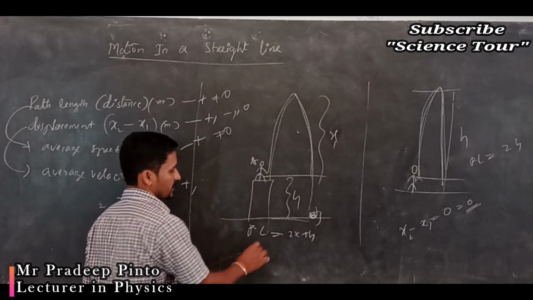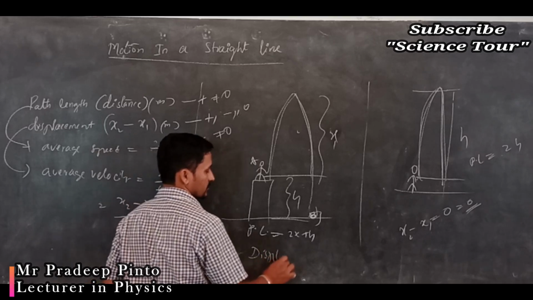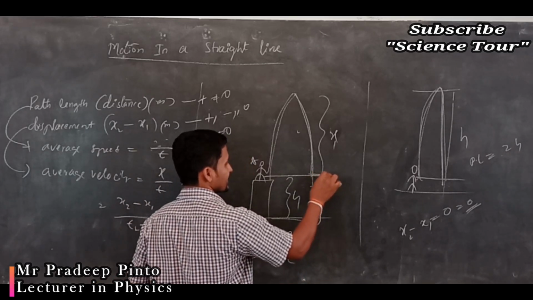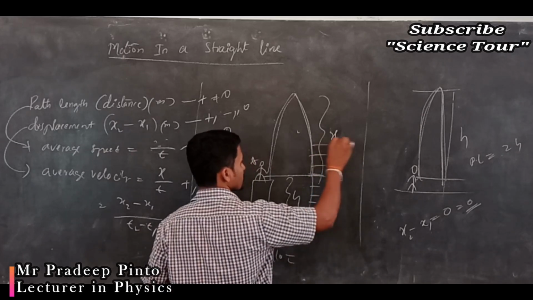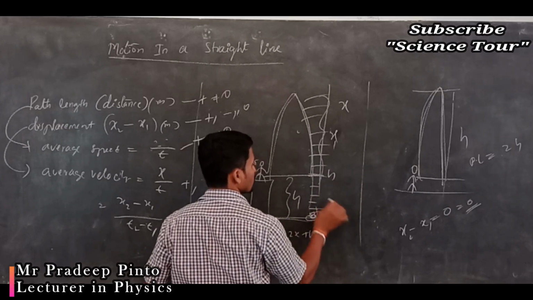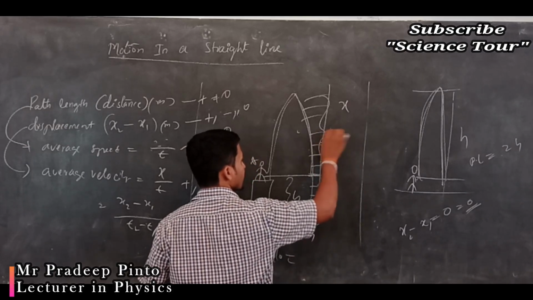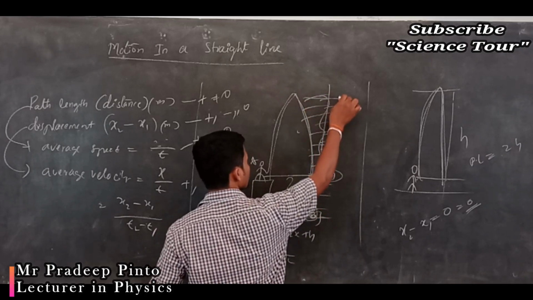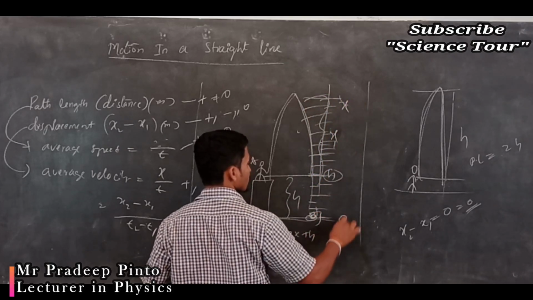What is displacement? This is 0, 1, 2, 3, 4, 5, this is h, and this much is x. At the place of 5, h is there, at the place of 15, x is there, at the place of 0, 0 is there.